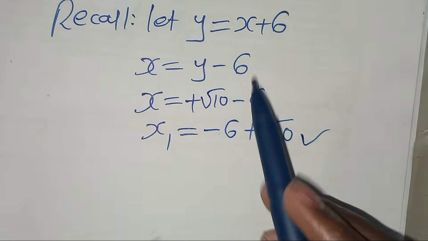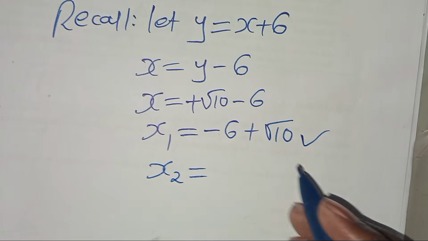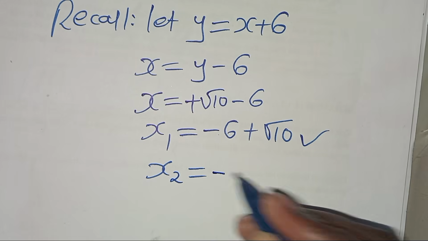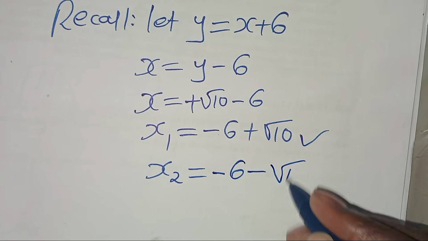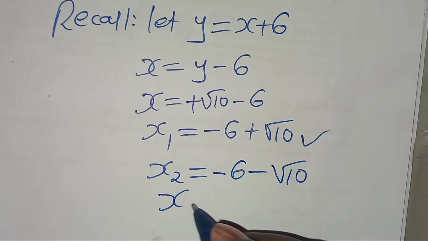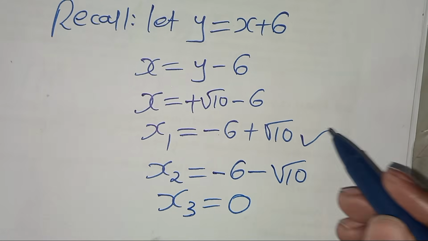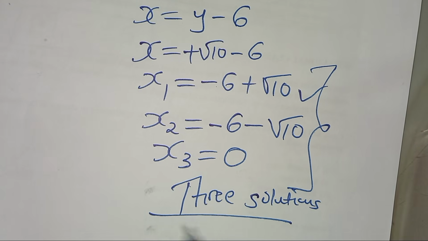Now we have that y2 is equal to negative square root of 10. So that means that x2 is basically negative 6 subtract square root of 10. And x3, if you substitute y3, is basically equal to 0. So here we have three solutions.